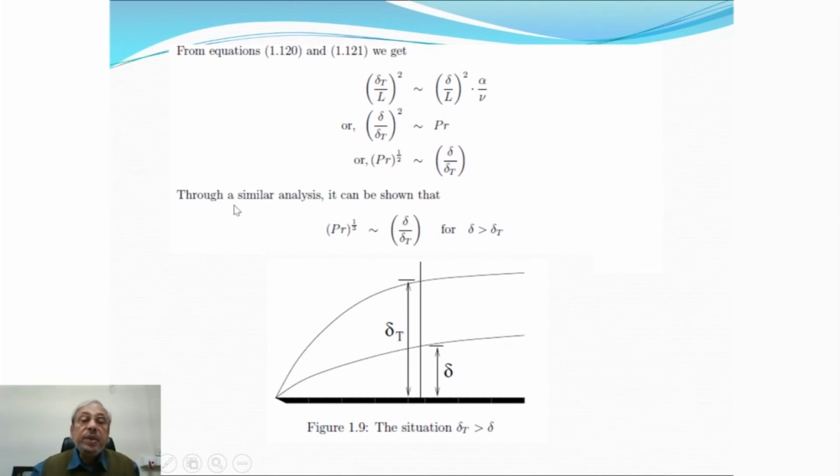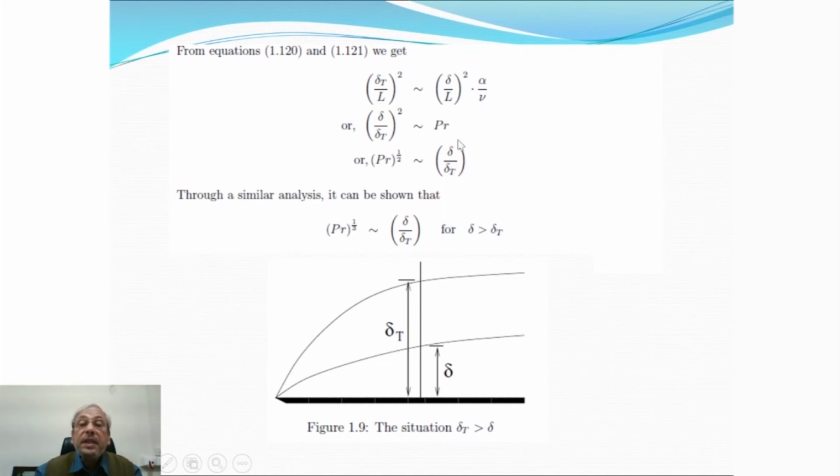The other case, that means when delta is greater than delta T, we have not discussed that. I am leaving it to you. Having undergone this analysis that I have just done, try to find out how delta by delta T will be related to the Prandtl number if delta is greater than delta T. If delta is less than delta T, then delta by delta T is proportional to Prandtl number to the power half.